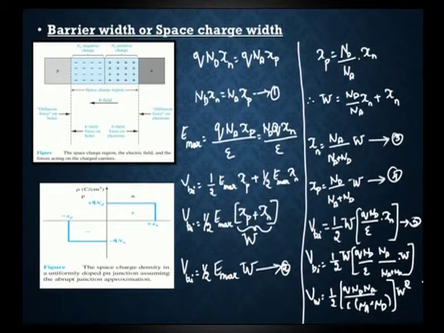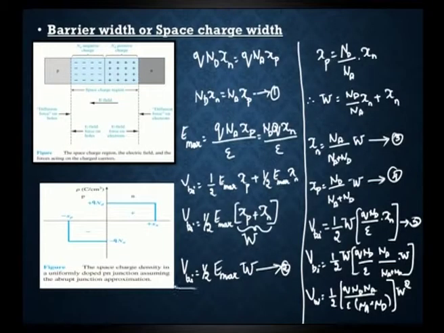Now we want the built-in barrier width, that is the space charge region width, which is the W value. We have to make the W value come out from this equation.